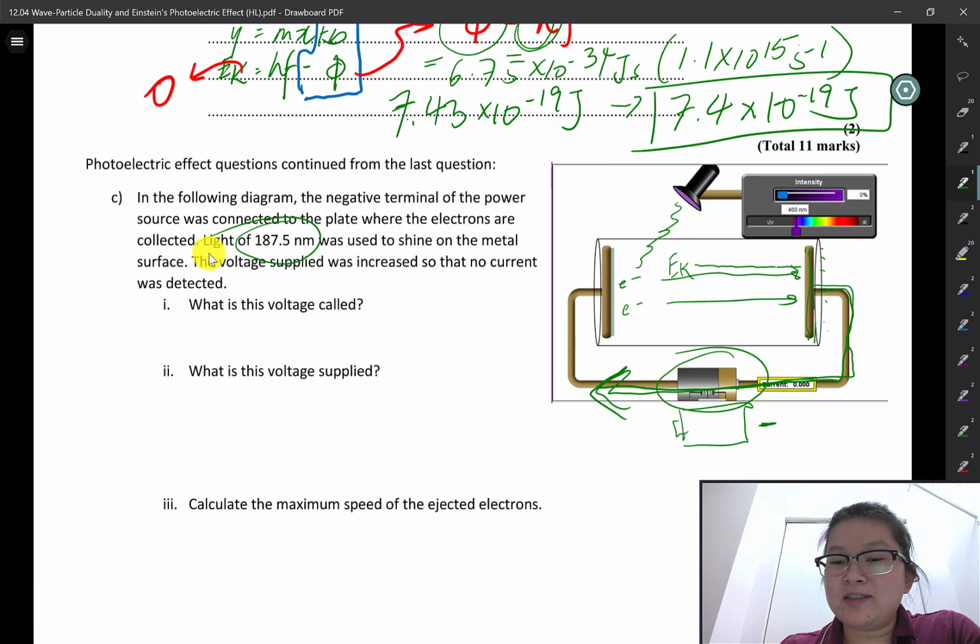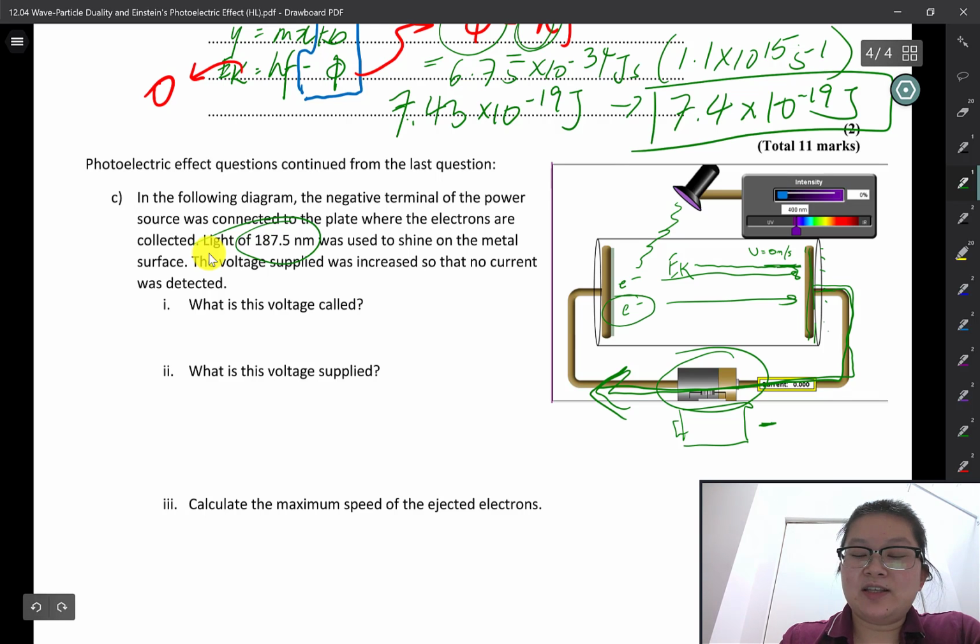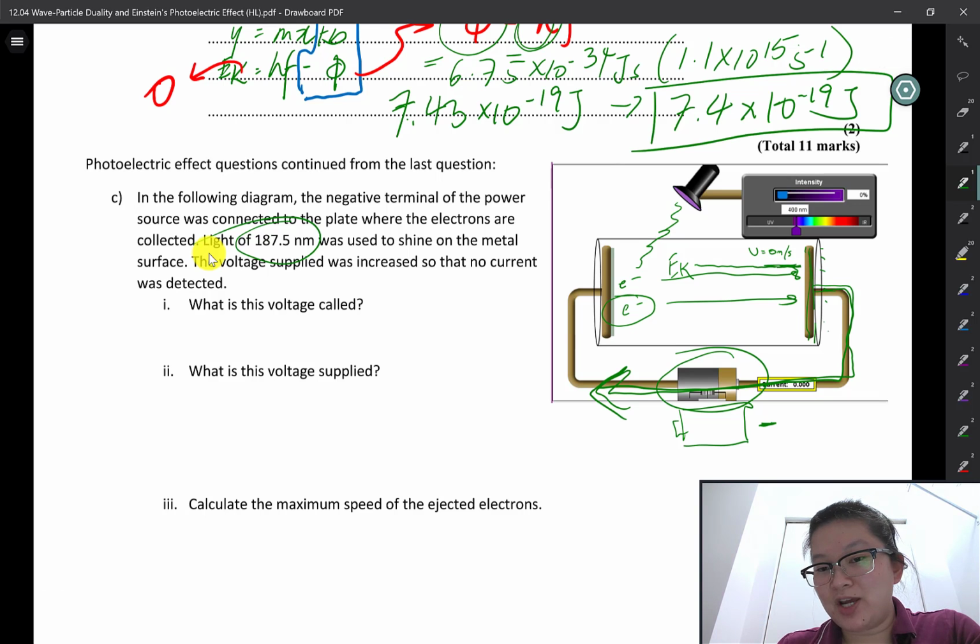So potentially this electron reached exactly 0 speed right before it hits the plate. So it just doesn't make it across. Meaning, whatever kinetic energy these electrons had at the beginning, right when they are ejected, that amount of kinetic energy is going to be all used up, turning into electric potential energy as the electron moves across to the other side of the plate.